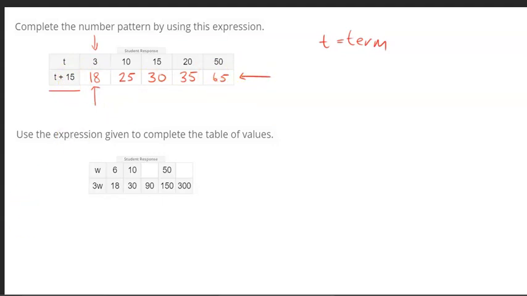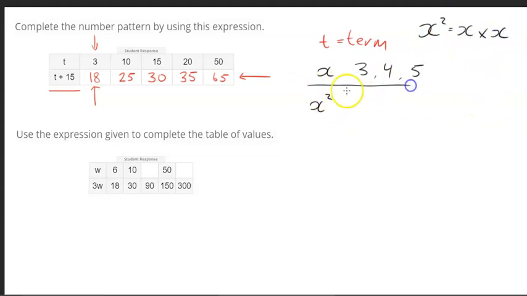Now, the next question. There are some questions where you're given a term that looks like this, x, and maybe it's 3, 4, 5, and it might say the output is x to the power of 2, or x squared. X to the power of 2 just means x times itself.